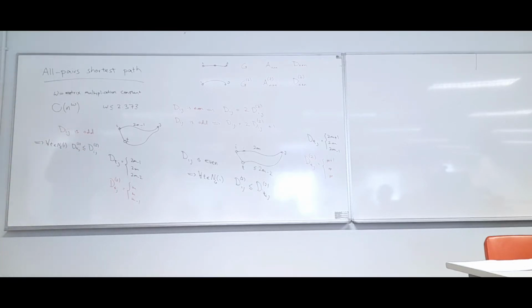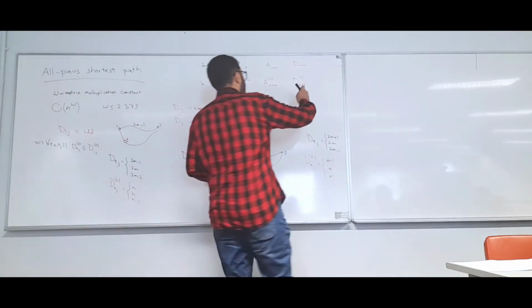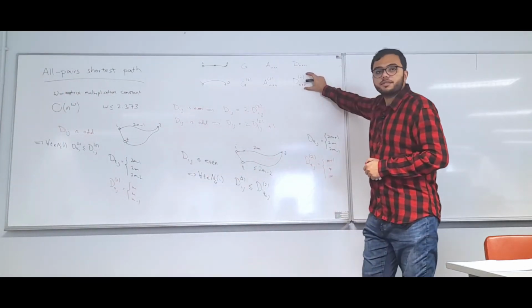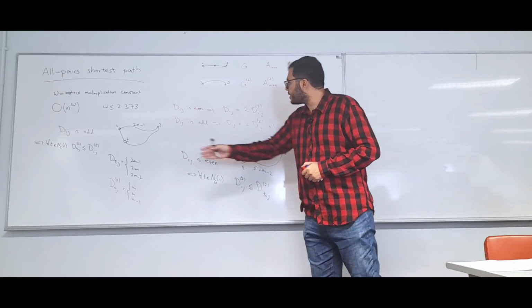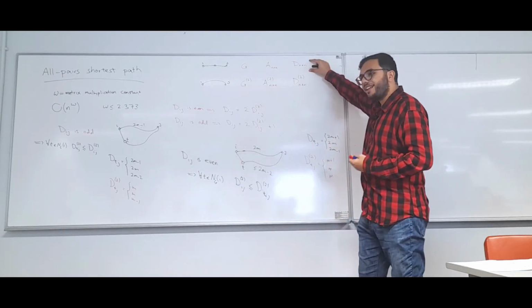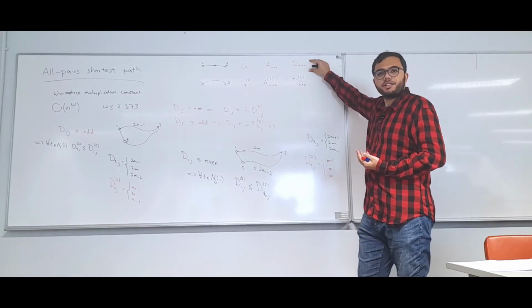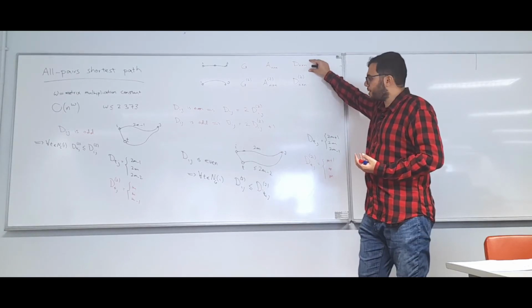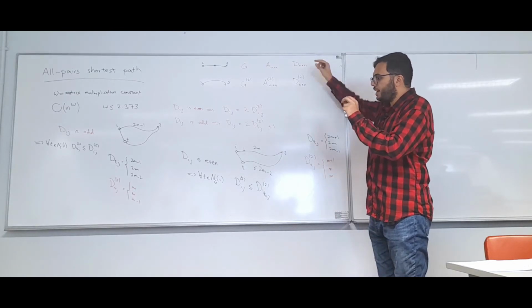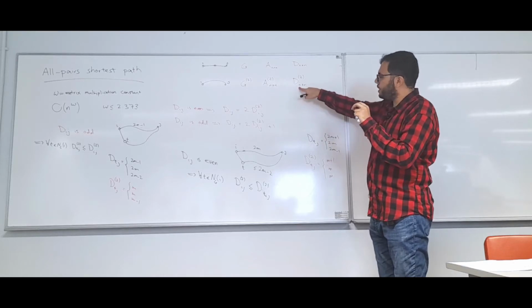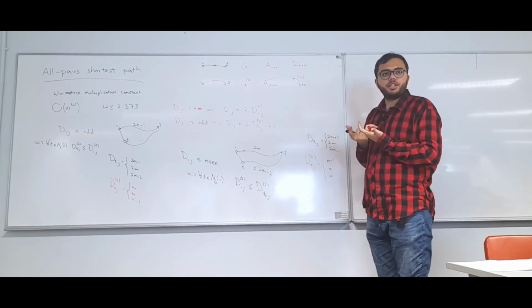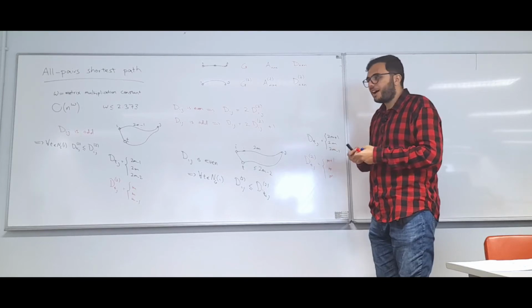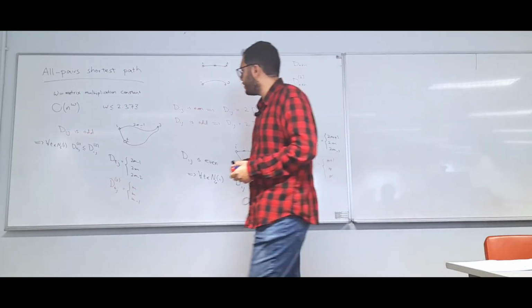Okay. So I have all the distances in the new graph. I have this matrix. Can I use just these ideas here to compute this one? Not necessarily, right? Because I might have a situation where I have some vertex I, and the distance from I to j here is the same as the distance from all of the neighbors of I to j. Okay, so I have to still do a little bit more.